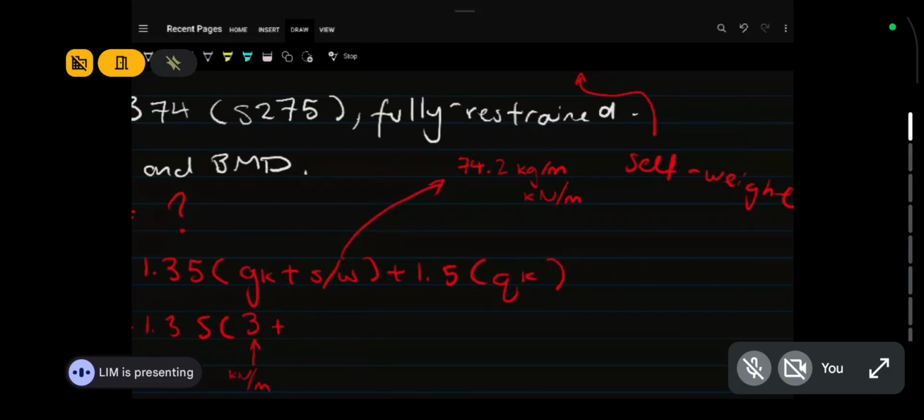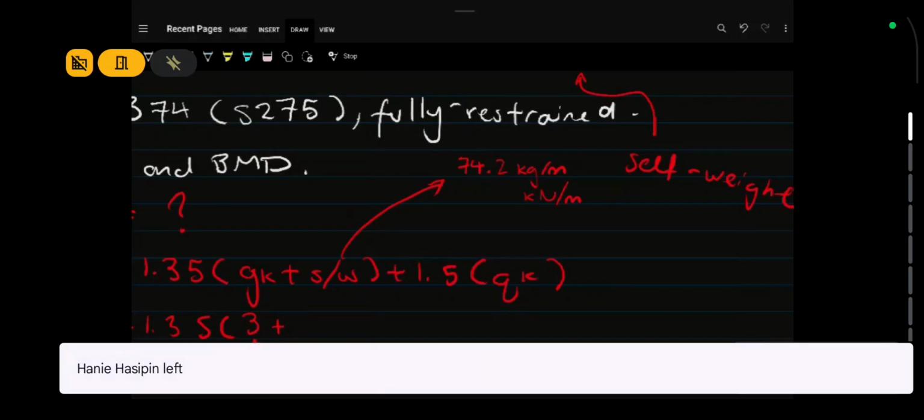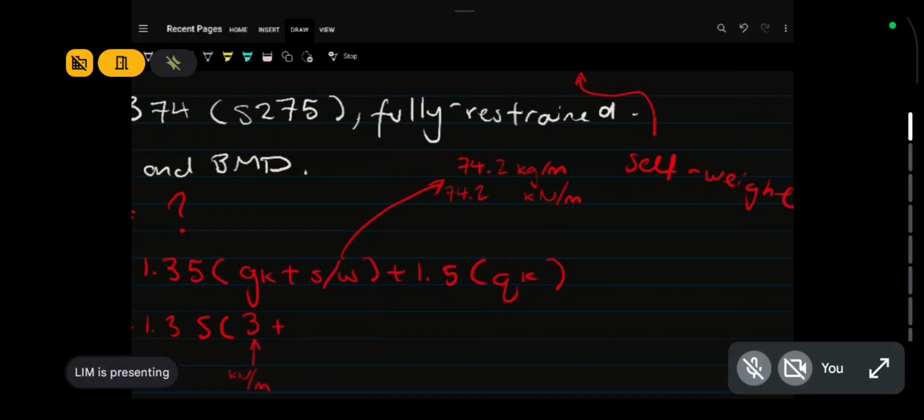Multiply by what? Kilogram to kilonewton. Multiply by what? By gravity. How much? 0.981. Okay. Good. Everyone, you follow us? Is it 0.981 or 9.81?